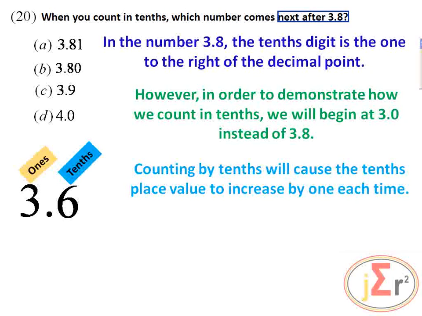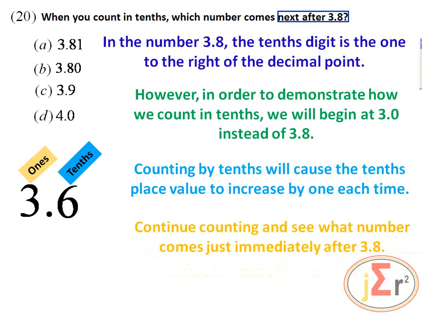Next after 3.8. What will come next after 3.8? If we continue to count in tenths, if we continue to increase the tenths place value by 1 each time, which number will come immediately after or next after 3.8?